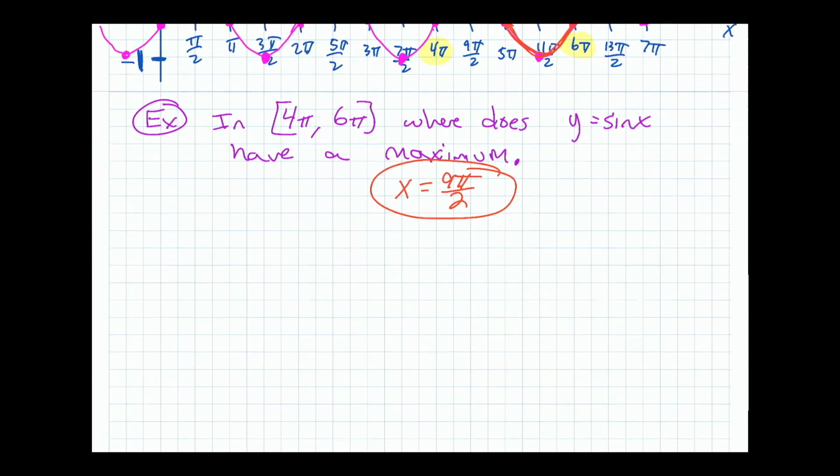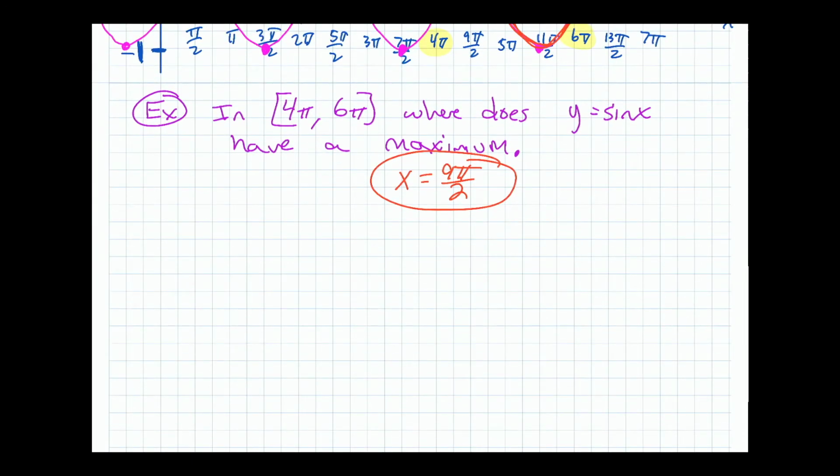So a rule that you're going to need to know is this. Fact: sine x is an odd function.